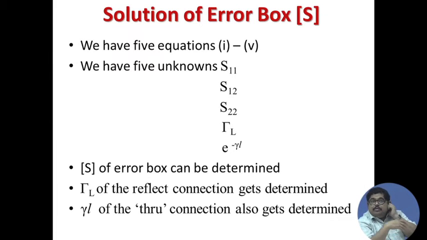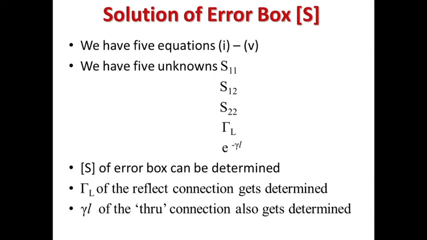Gamma L is an unknown, that means the load that we have connected in case of that reflect connection, its reflection coefficient, and in case of line the gamma L. So, these 5 unknowns are there. We have 5 equations, they can be solved.